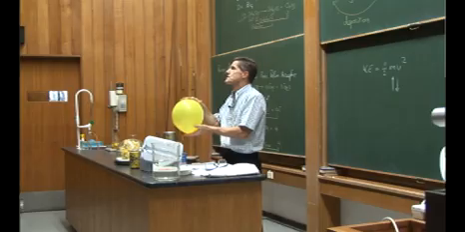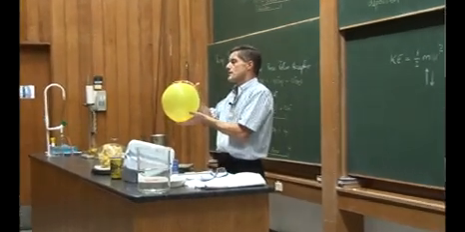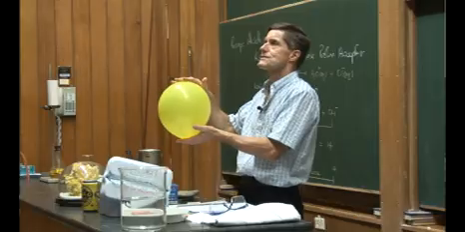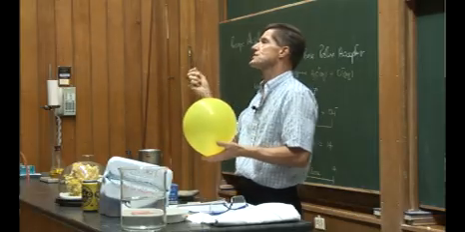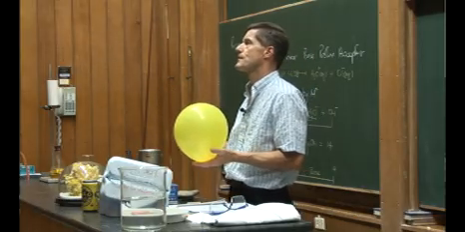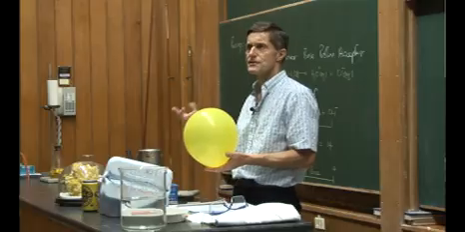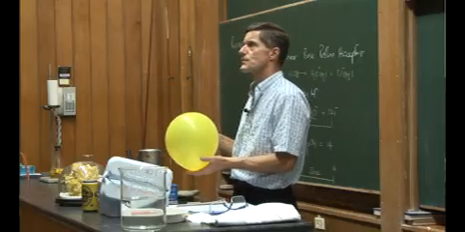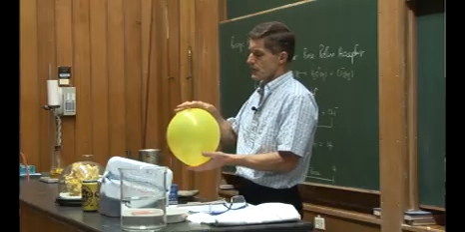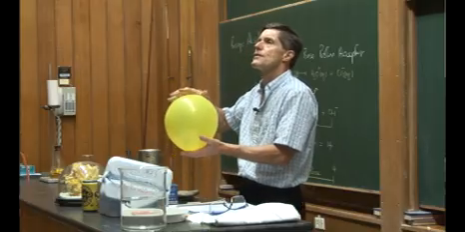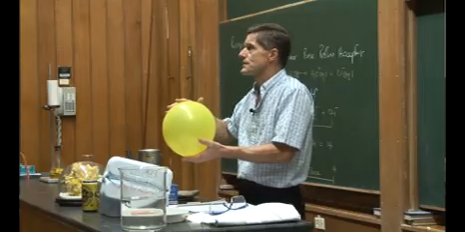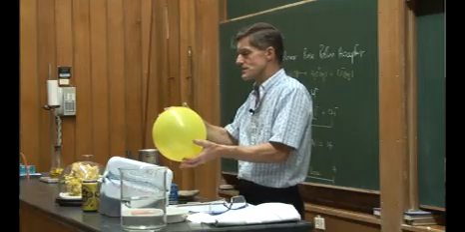We find that the volume of 1 mole of gas depends not on the type of gas you have, but on pressure and temperature. And I'll say more about that this afternoon. So if I reduce the pressure, the volume expands. If I increase the temperature, the volume expands.